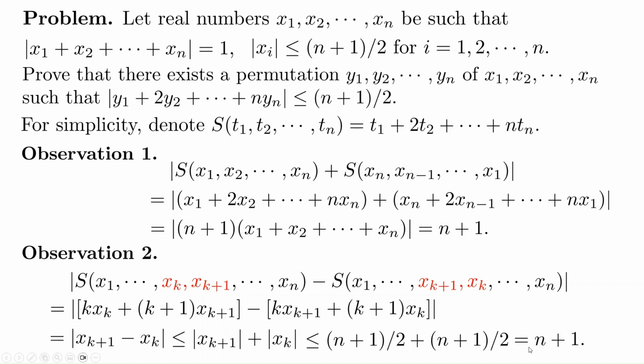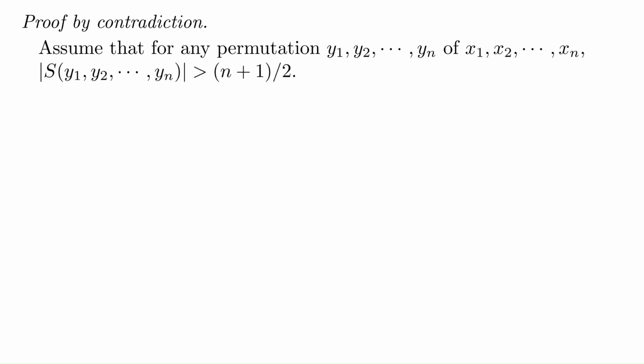These are all we need to complete the proof. Proof by contradiction. Assume that for any permutation y1, y2 to yn, the absolute value of the weighted sum of the permutation is strictly greater than (n+1)/2.